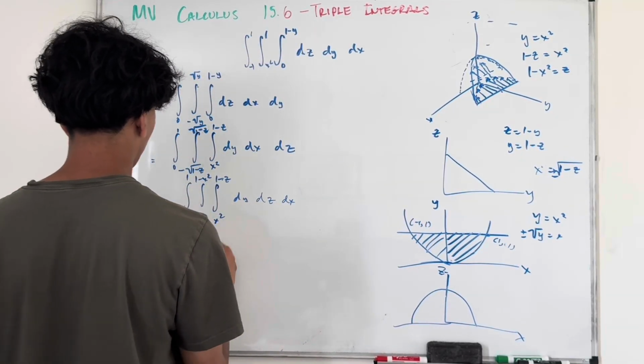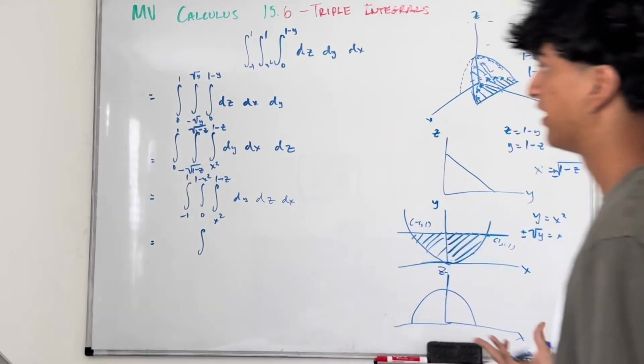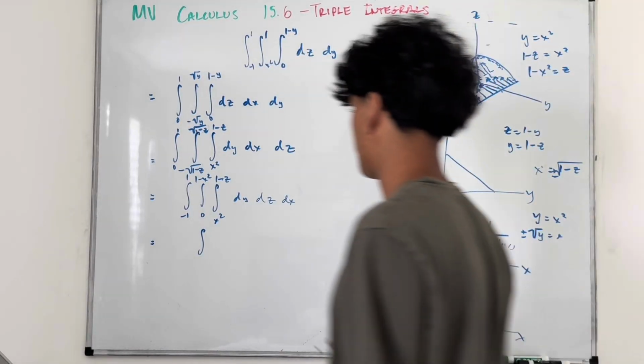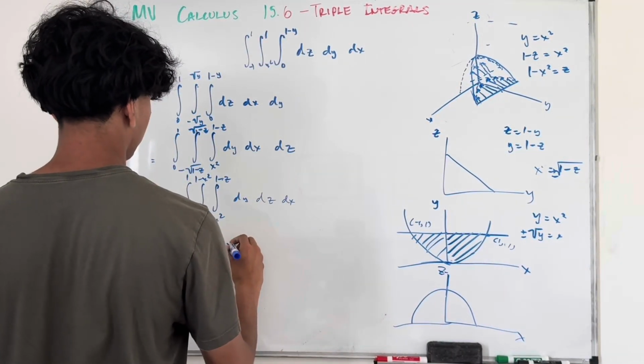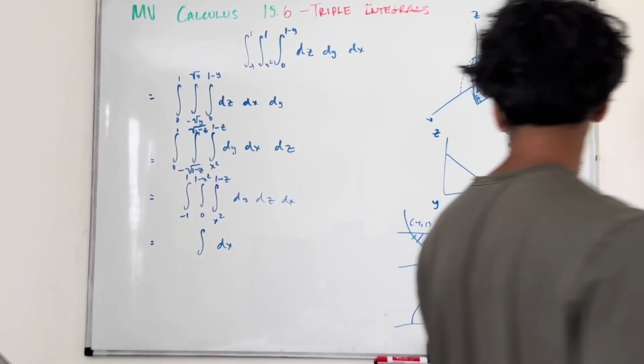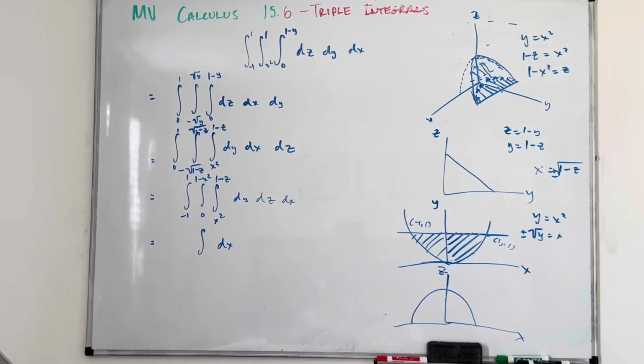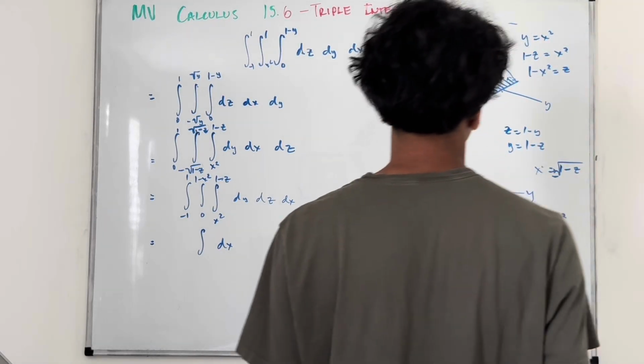Now let's do the last pair, where you do dx first. So for dx, if we think about this, I'm going along the x-axis.